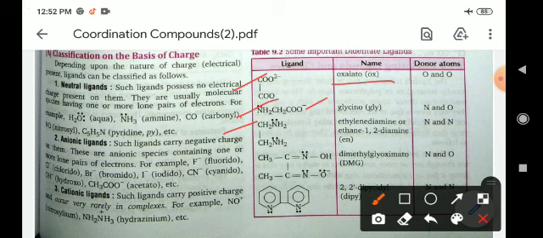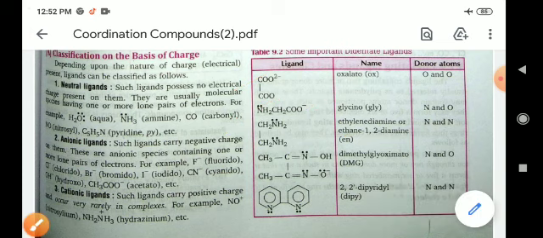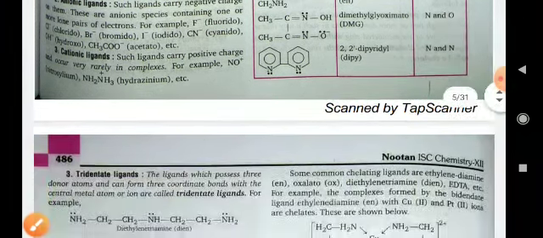After that, ethane-1,2-diamine: here there are two nitrogens, each with a lone pair of electrons, and both pairs can be donated, so it is a bidentate ligand. These are some examples of didentate or bidentate ligands.